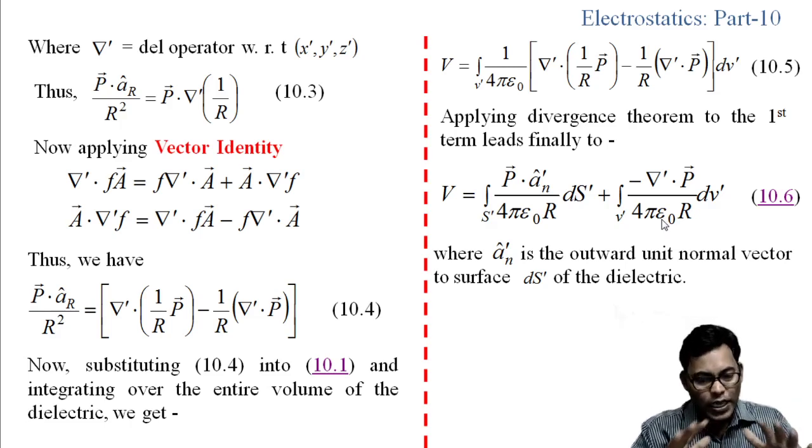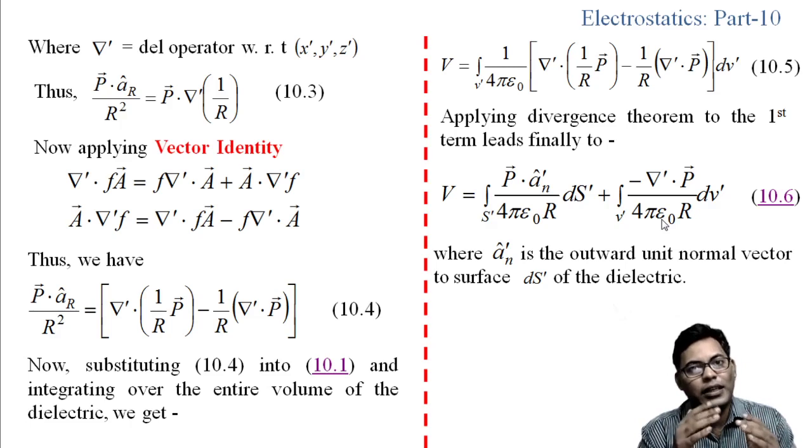Now suppose a dielectric material is given, and this dielectric material is electrically neutral because the negative charge and the positive charge in it are the same.